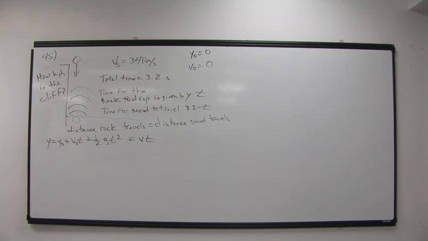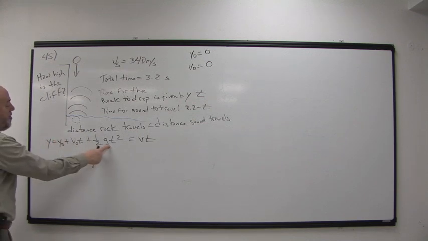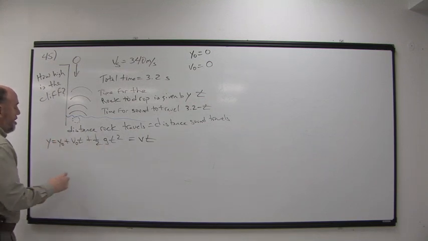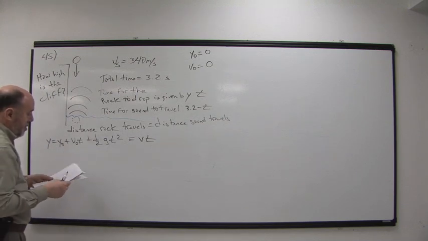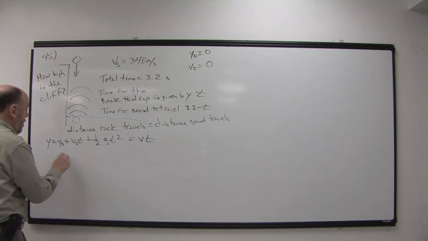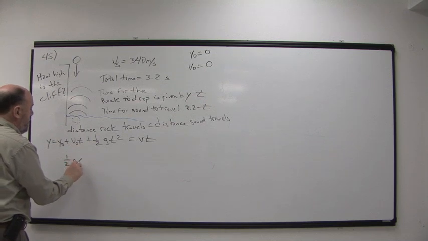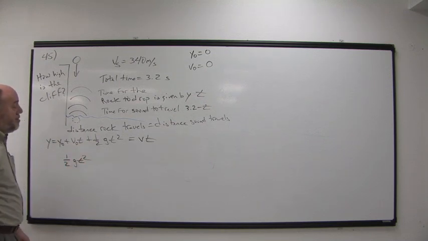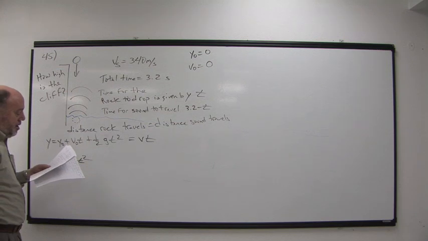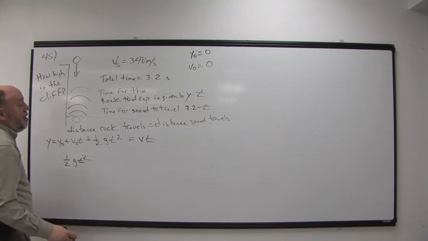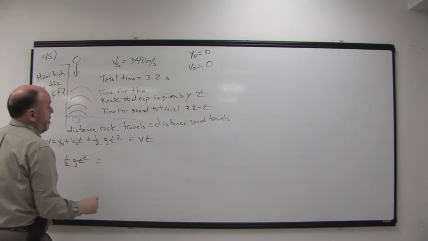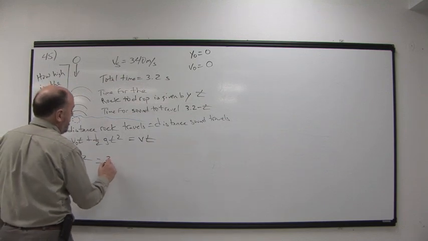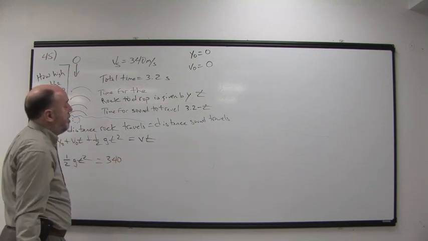Well, y naught is 0, v naught is 0. And so my distance here will be just given by this. So we just get over on this side that this will be 1/2 g t squared. And for my sound, this will be the velocity, which was 340.